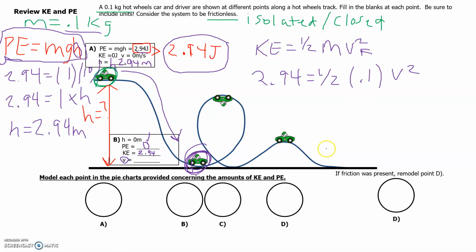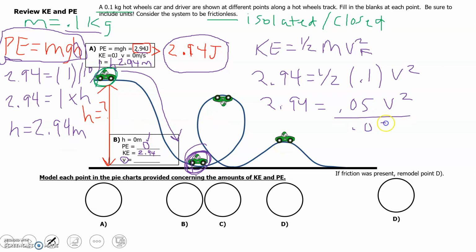All right, so we do need to simplify. So to simplify, we should have 2.94 equals, well, 1/2 times 0.1 is going to be 0.05, and then velocity squared. We need to continue simplifying. We need to get velocity on a side by itself. So right now it's being multiplied by 0.05.